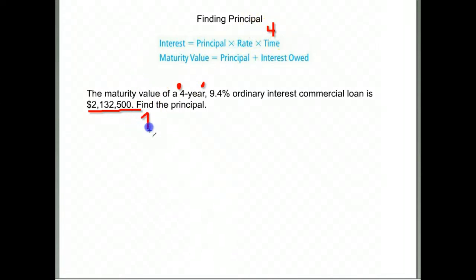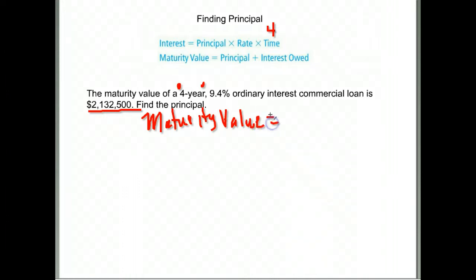We want to set up an equation to solve this. So we were given the maturity value. So that's the equation we're going to use. That the maturity value is equal to the principal. The principal amount we don't know, so we're going to call that P, plus the interest you owe. The interest we owe would be right here. It's our principal, which again we don't know, so we just put the letter P, times the rate.